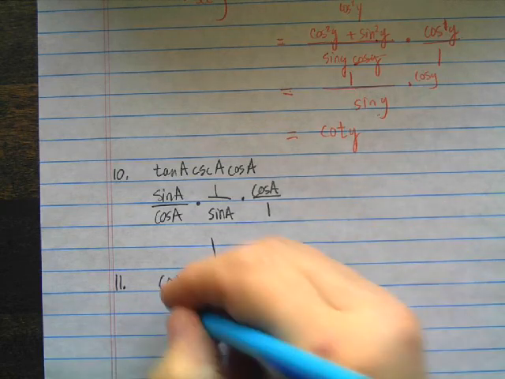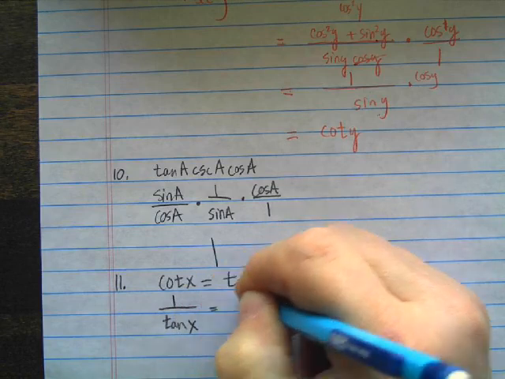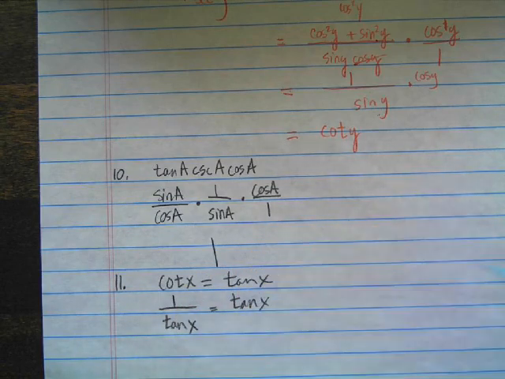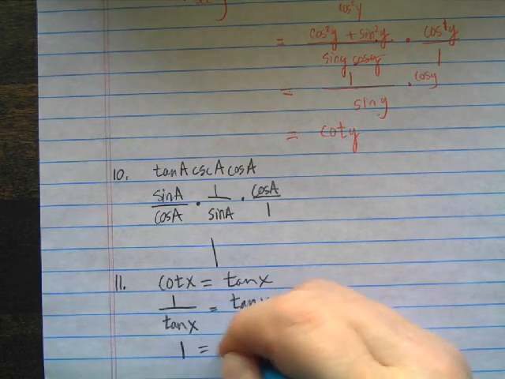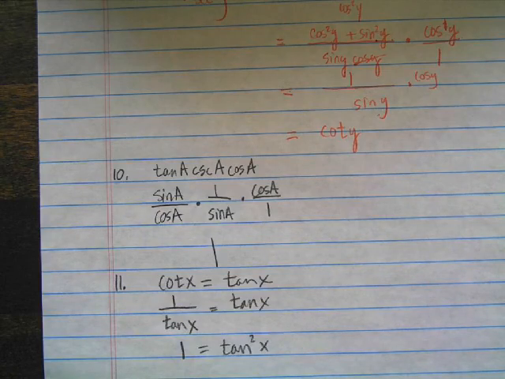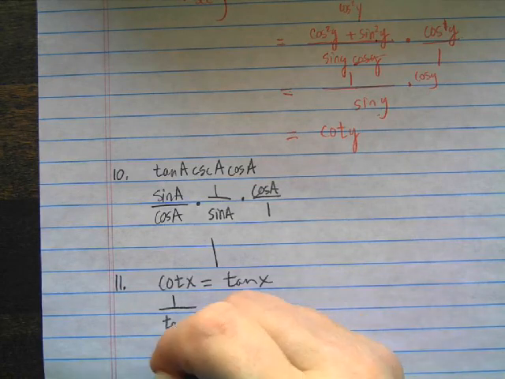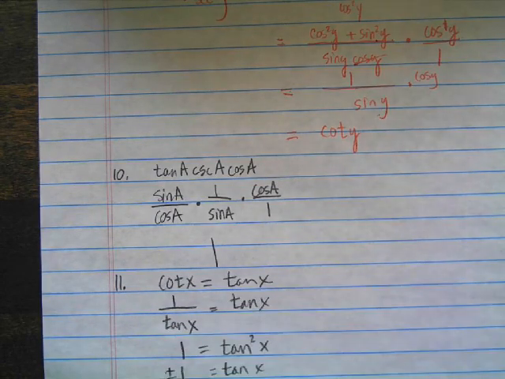You could also just change this to 1 over tangent, which I think is the simpler method, and then cross multiply. When I cross multiply, I get 1 equals tangent squared x. And then you take the square root of both sides.